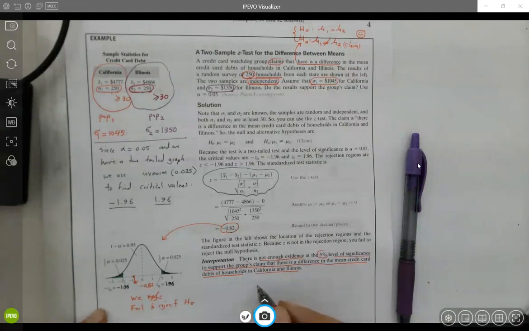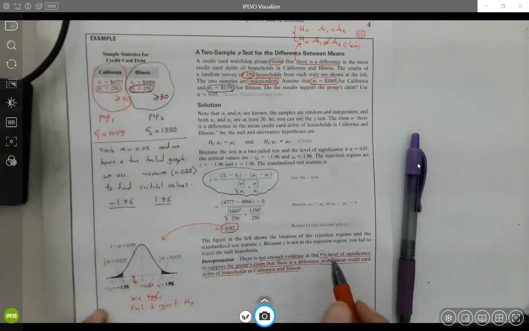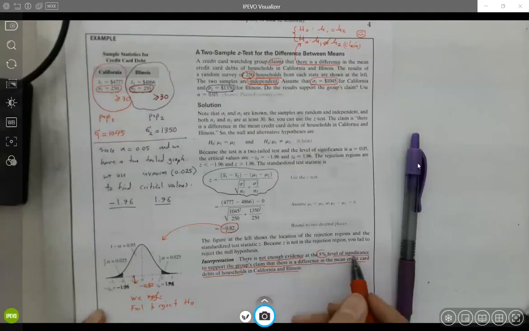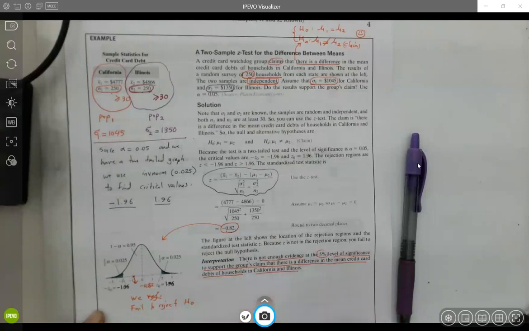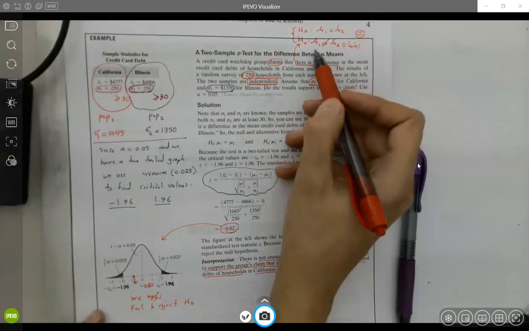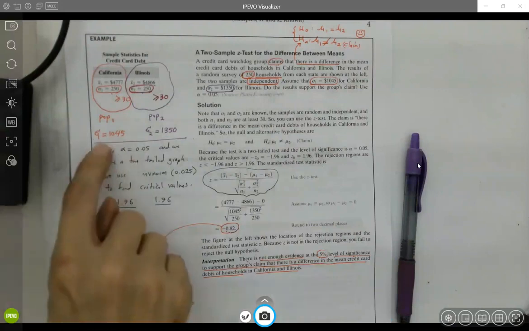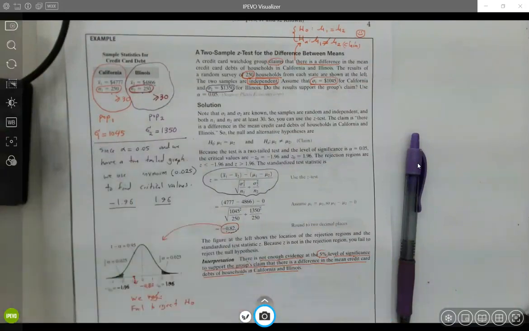So based on the samples that we have, at 5% level of significance, we cannot support the claim of the group that they are different from each other. Excellent, Vijay. If we don't have sigma 1 and sigma 2, we have to use t-test. Very well. Excellent.